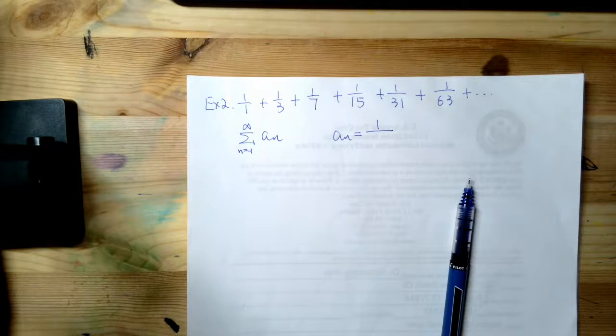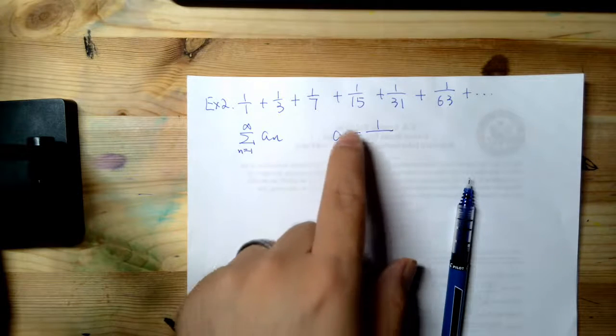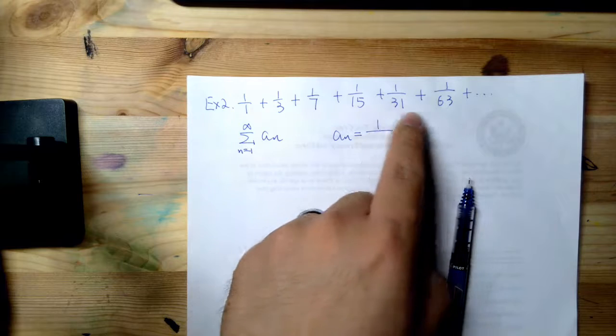We have 1, 3, 7, and then 15, and then 31, 63. It looks like every time it's a double, right?